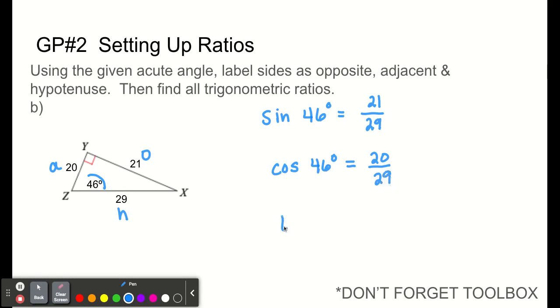And then the tangent of the angle, TOA, opposite over adjacent. And that is setting up trigonometric ratios. Don't forget to answer your essential question.